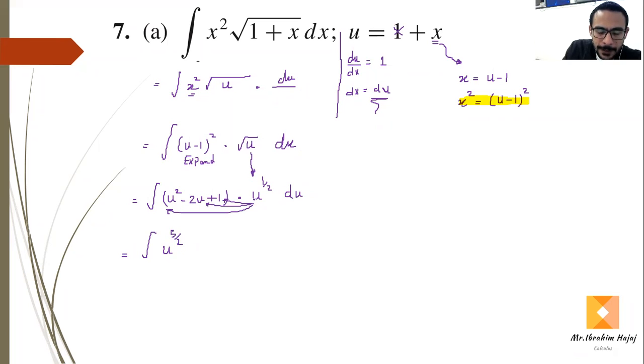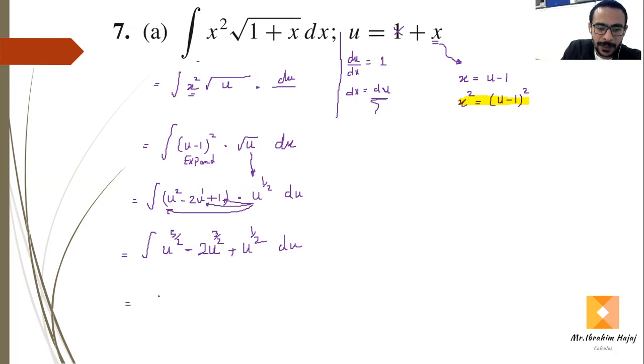When we multiply, we add the exponents. Not u to the power of 1, because 2 times half is 1. Minus 2u to the power of 3 over 2. Plus u to the power of half.